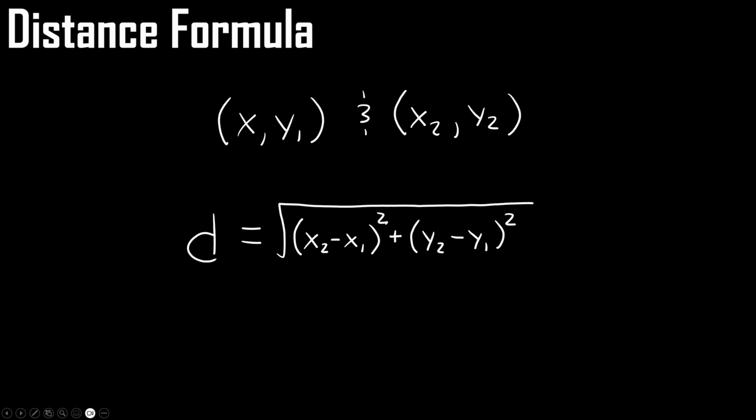This formula comes from the Pythagorean theorem, where the horizontal and vertical differences between the points form the legs of a right triangle.